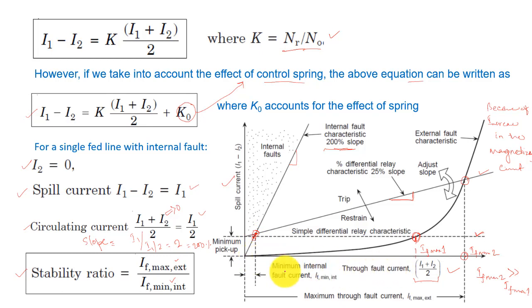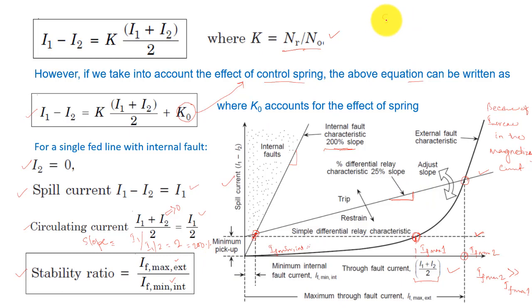So approximately we can say that IF min internal will remain the same for both characteristics, the simple differential relay and the percentage differential relay, right? So if we calculate the stability ratio for both relays, your stability ratio will be much more enhanced.